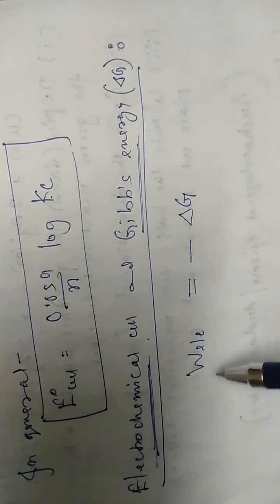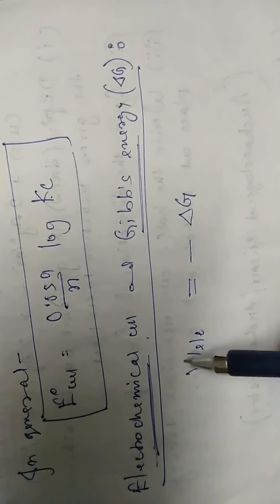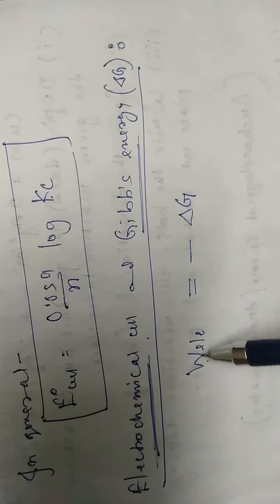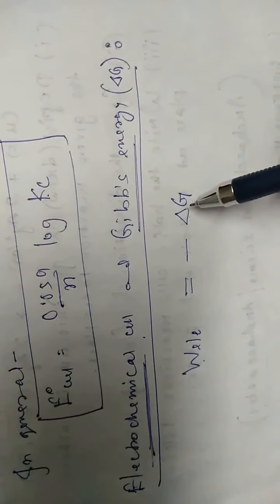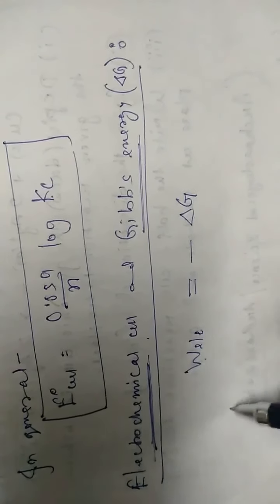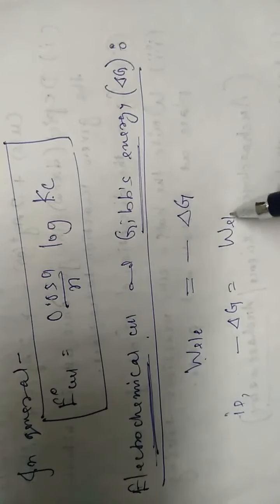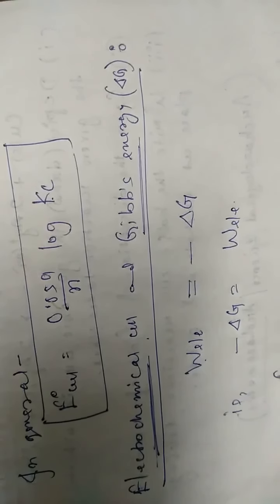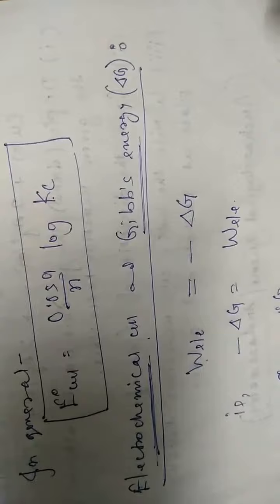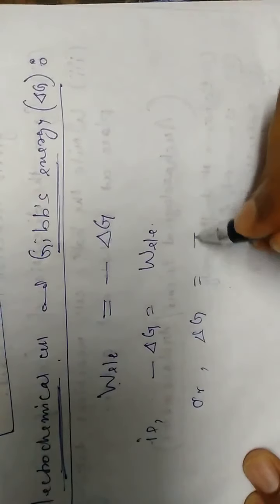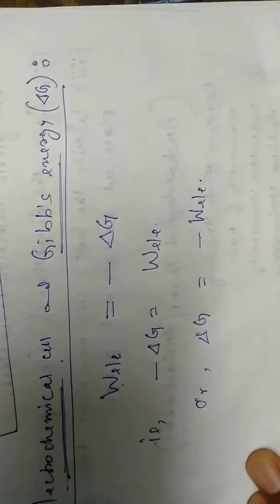So जब एक electrochemical cell electrical work done करता है, W electrical, then Gibbs energy of the cell decreases. That means minus delta G equal to W electrical, or delta G equal to what? Minus W electrical.